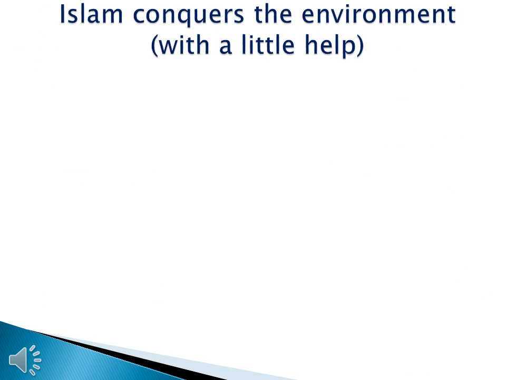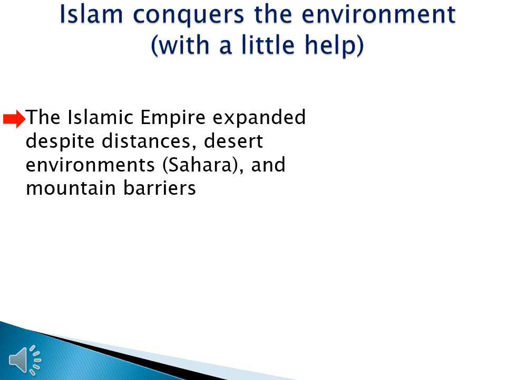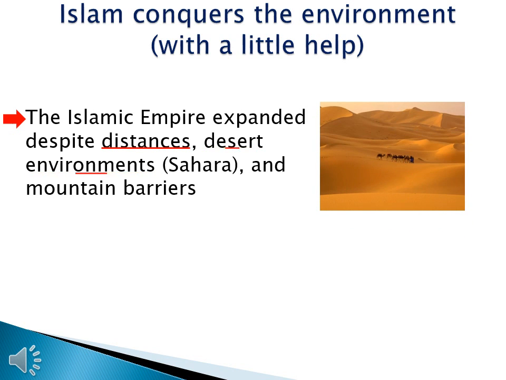Not only does Islam spread quickly, but it crosses some of the most hostile environments on earth. The Islamic Empire expanded despite distances, desert environments like the Sahara, and mountain barriers. In fact, Sahara means great desert in Arabic. But Islam got some help as well.